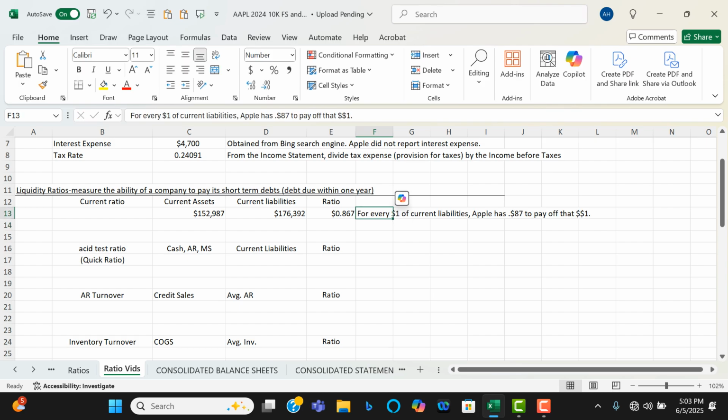So if Apple owes $1, it means that they have 87 cents to pay out that $1.